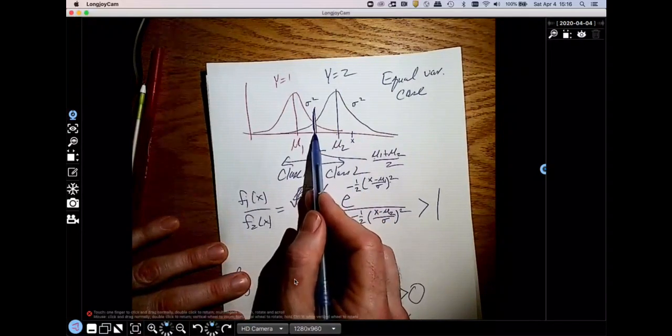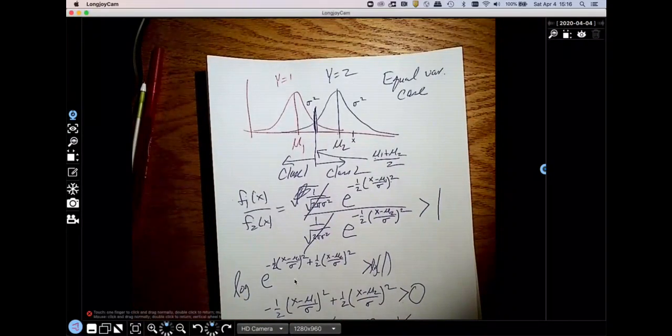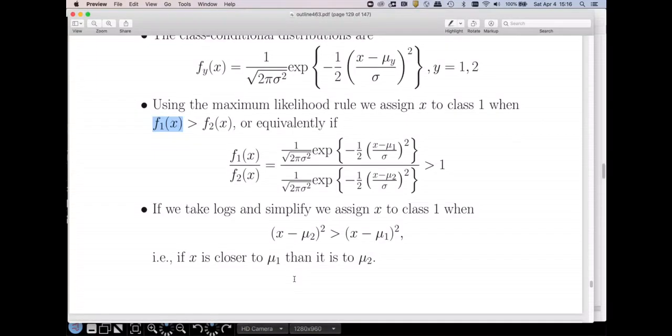All the points to the left of that mean are closer to mu1. So it's extremely important to understand that intuition that we're going to assign to class 1 whenever x is closer to mu1 than mu2. All right.